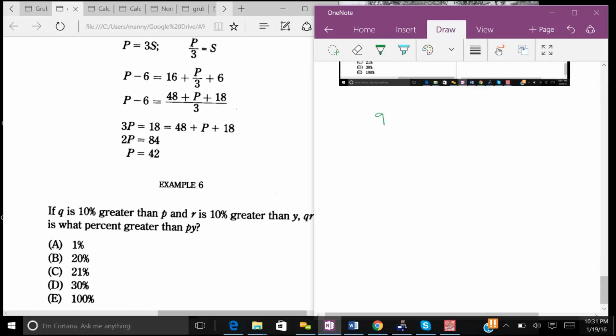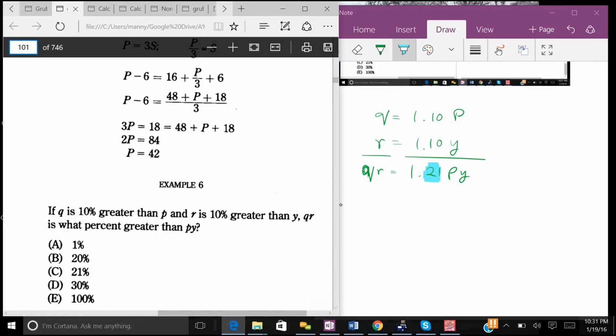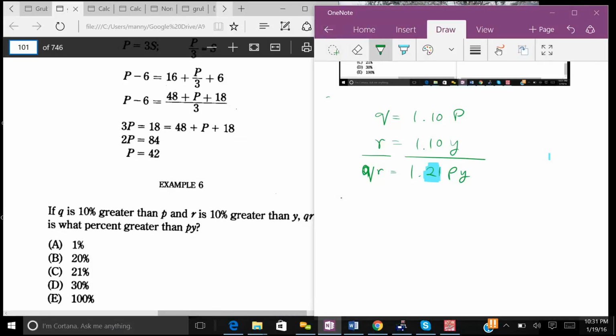Q is 10% off P. So Q is 1.10 P. R is 1.10 Y. So multiply this. QR equals 1.21 PY. Okay? So just by looking at this, you should be able to tell that the answer for this is 21. Okay?